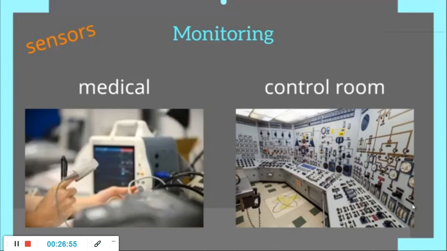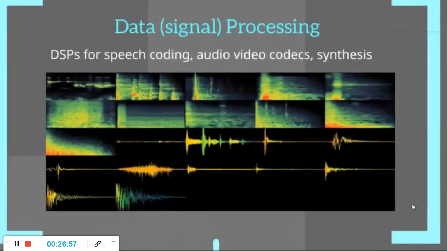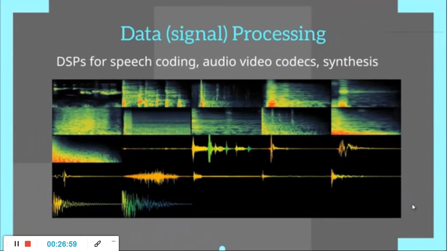Similarly, even in industries, data can be accumulated by several sensors and deployed in a control room for further action. Next, processing of signals is a major purpose in embedded systems. They can be used in speech coding, image processing, audio and video codec, etc.